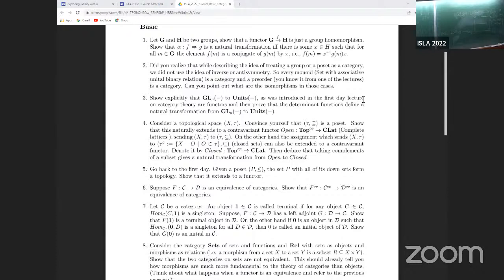Like singleton set. Singleton set, very good. And what will be the terminal object in a poset thought of as a category? Poset. Okay.